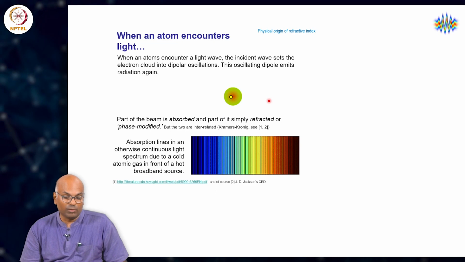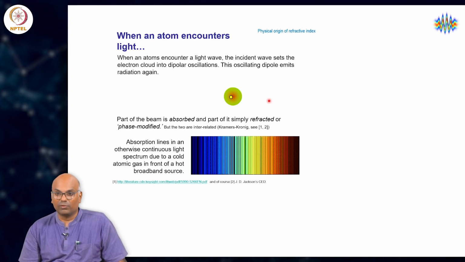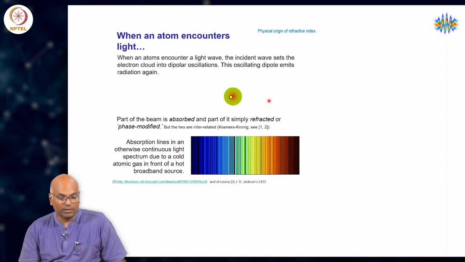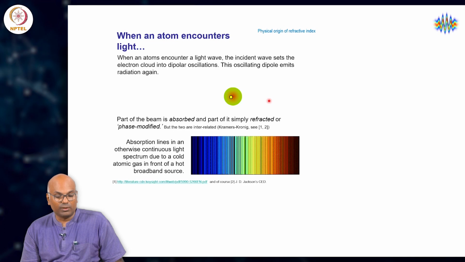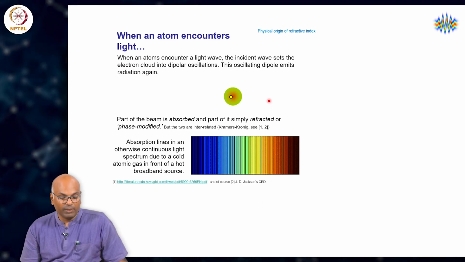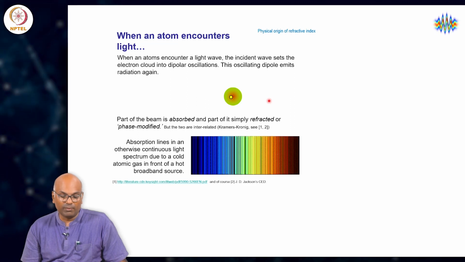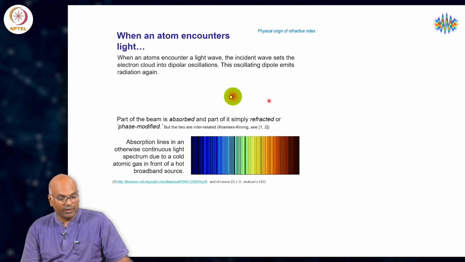I will only point to the fact that when an atom encounters light, or interacts with matter, the simplest model is that of the electron cloud being set into dipolar oscillations, and a part of the beam is absorbed and a part of the beam is simply refracted, where refraction is modification of phase.